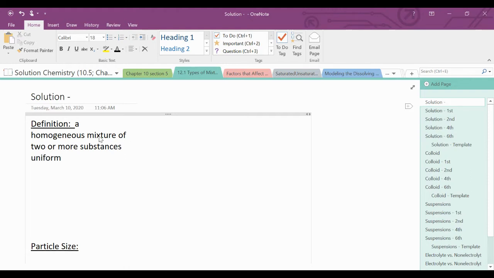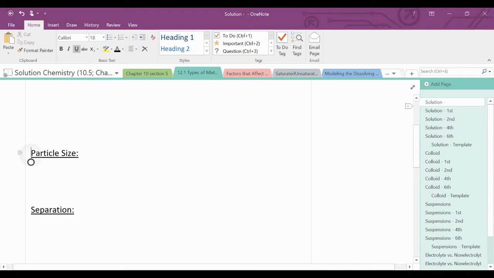So today we're going to look at a particle diagram of a solution. And I already mentioned it looks the same throughout, so that's what I mean by a single phase. All right, now of the three mixtures we're going to talk about today, the solutions have the smallest particle size.